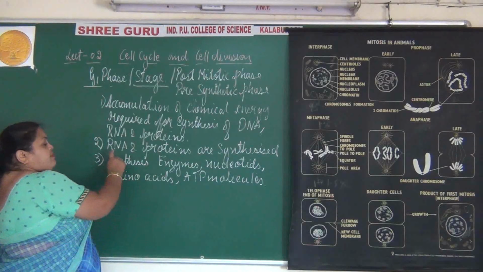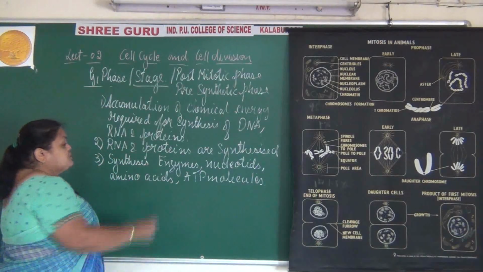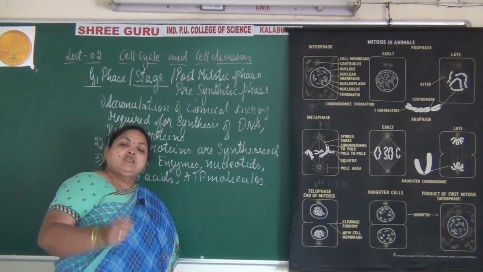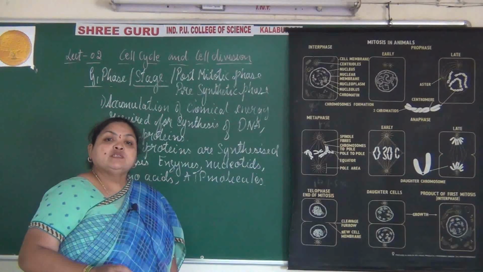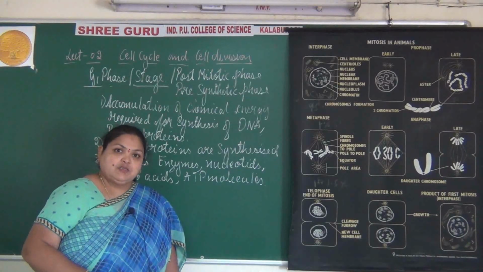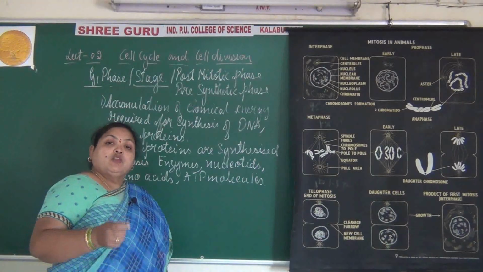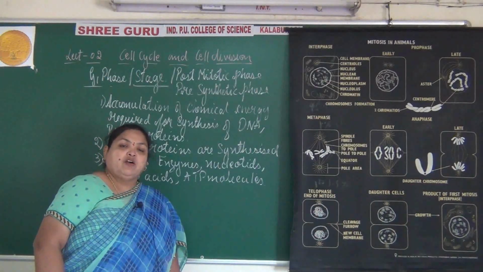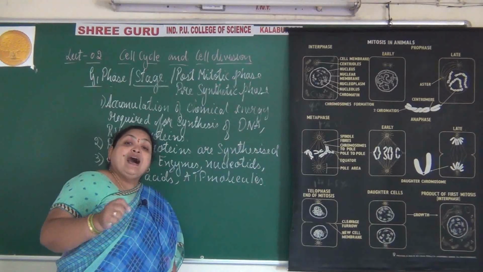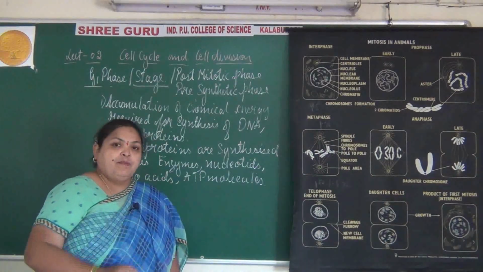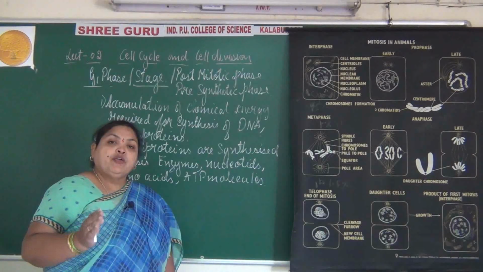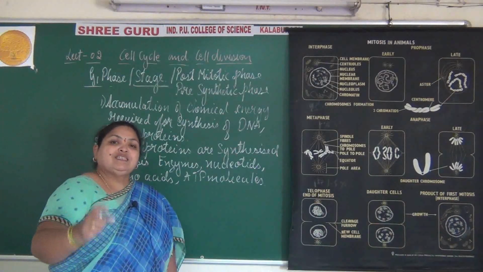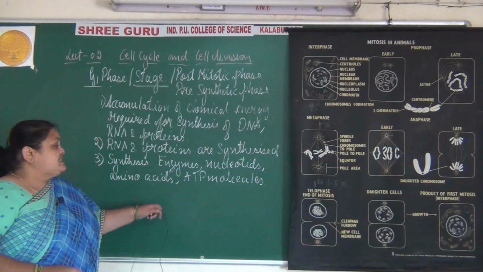So apart from RNA and proteins, it also synthesizes enzymes. We know what enzymes are. These are those biomolecules which accelerate the reactions that are very much required for the process. Many chemical processes occur in the body of living organisms, and those processes are accelerated by the enzymes. So in order to carry out the further processes, in the growth phase, the cell also synthesizes these enzymes.